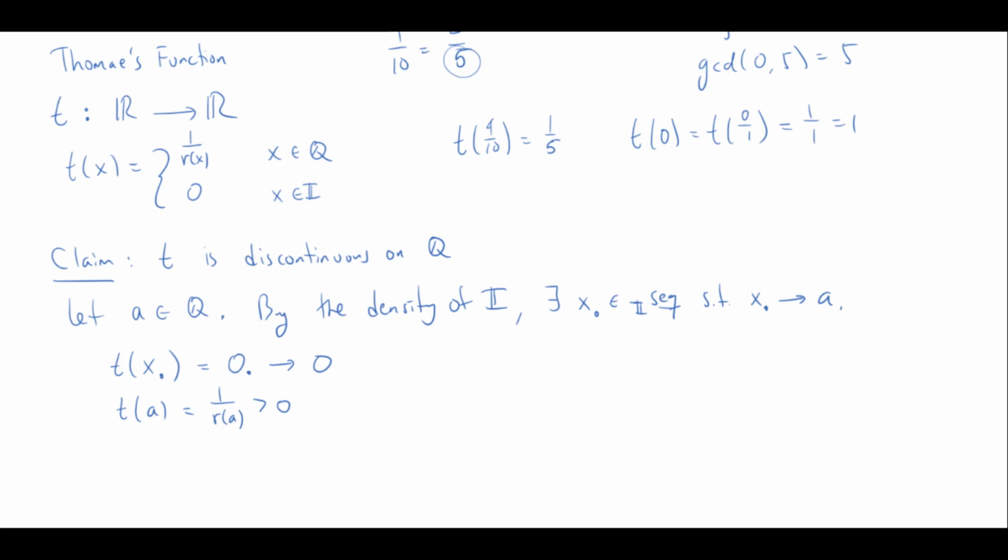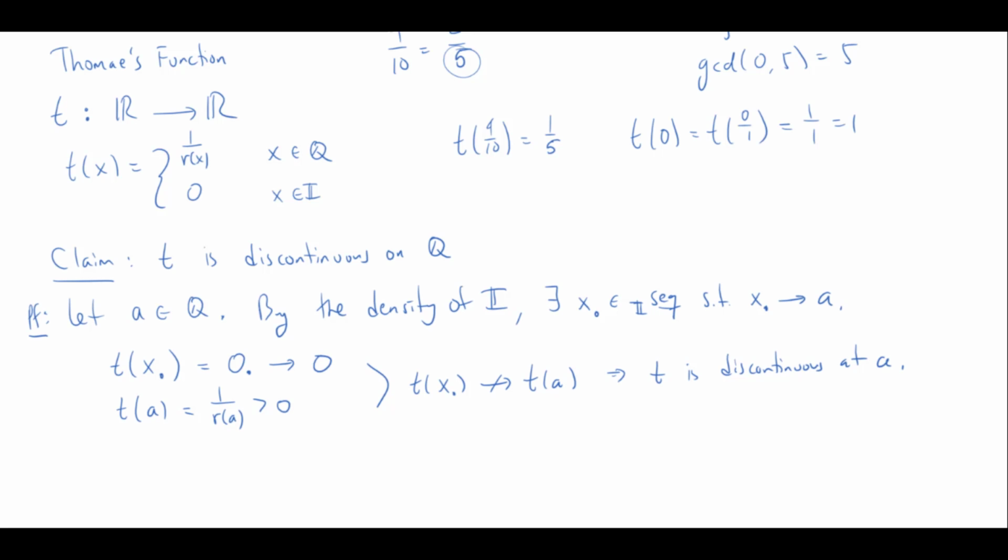So this tells you T of x dot does not converge to T of A, and therefore T is discontinuous at A. Oh, wow, that was a pretty easy proof.